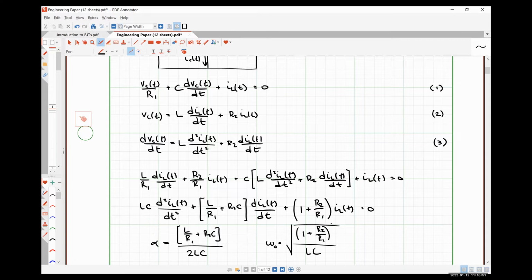Is everybody okay with what I did there for calculating alpha and omega naught? I skipped a small step that I hope is fairly obvious.